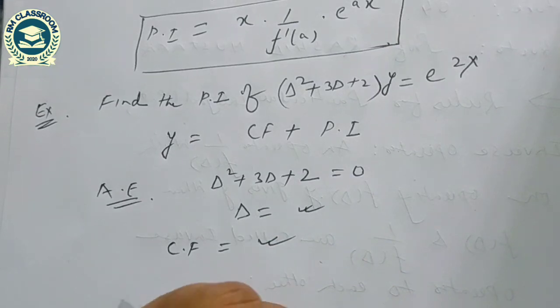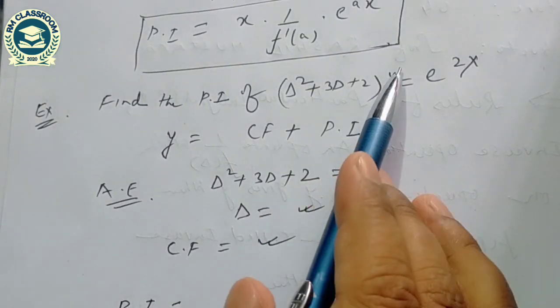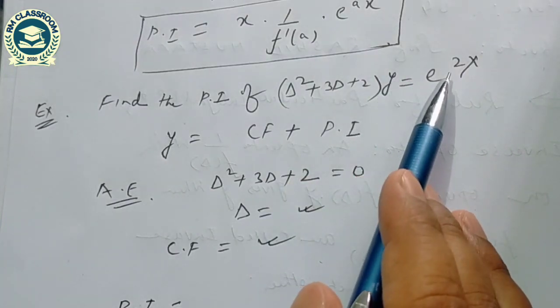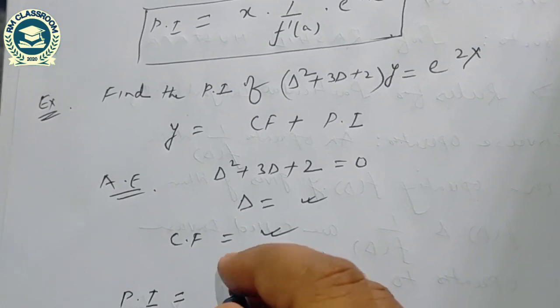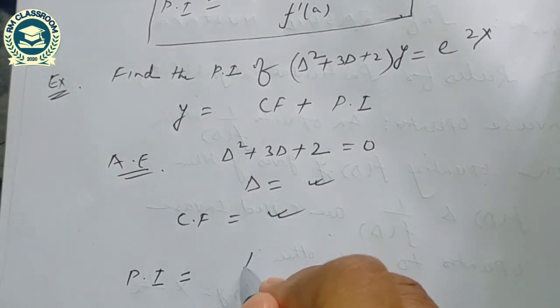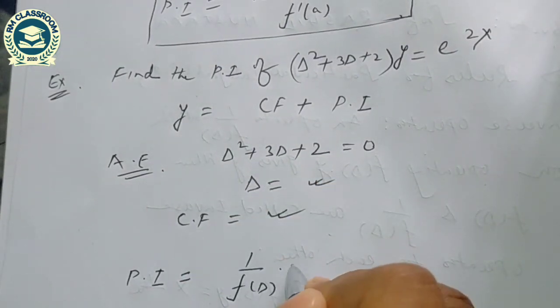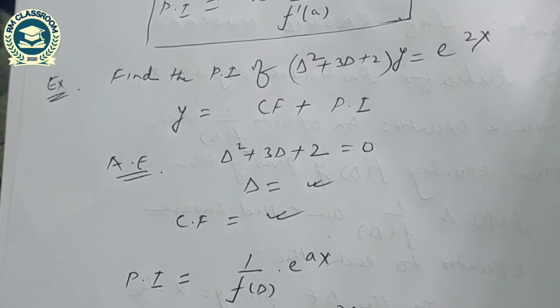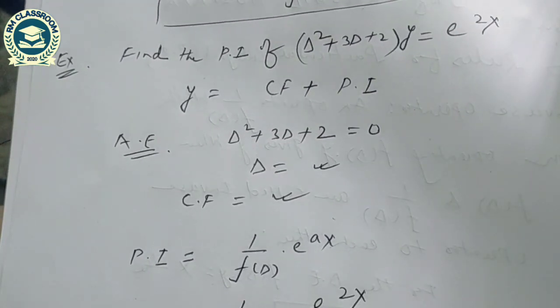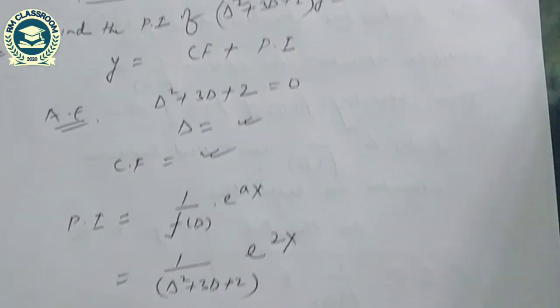So the particular integral: f(D) into y is equal to e to the power ax. So this is the exponential function. For that, the particular integral will be 1 by f(D) into e to the power ax, that is 1 by (D square plus 3D plus 2) into e to the power 2x. Replace D by 2.